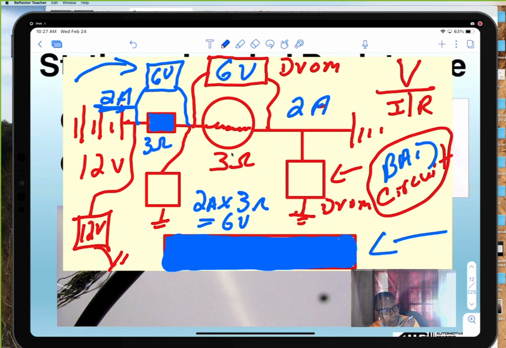One's in the phrase. We need 1 volt to push 1 amp through 1 ohm of resistance. Ding, ding, ding, y'all got it. It takes 1 volt to push 1 amp through a 1 ohm resistor.